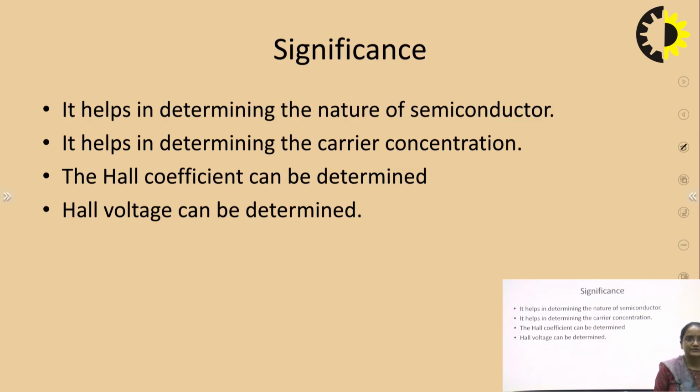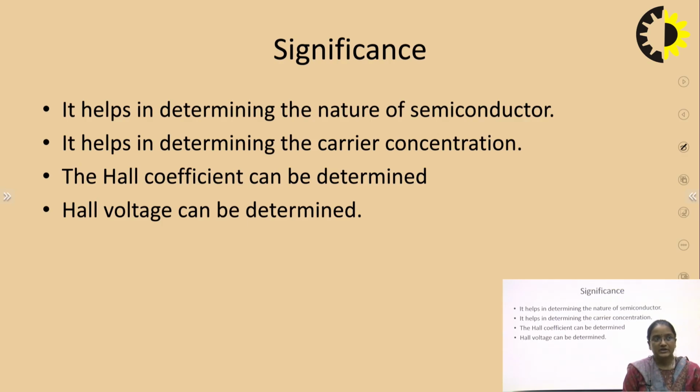So what is the significance? Why are we using this effect, and why is it considered the most important method, particularly in semiconductor devices or electronic devices? Because the first important thing that we get after implementing this effect is that we are able to determine the nature of the semiconductor.